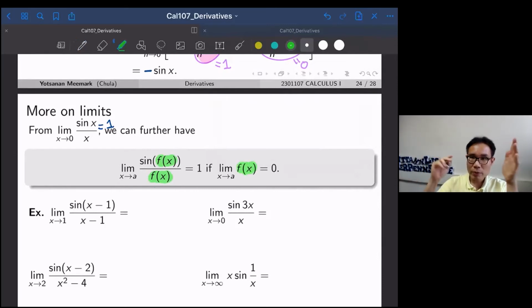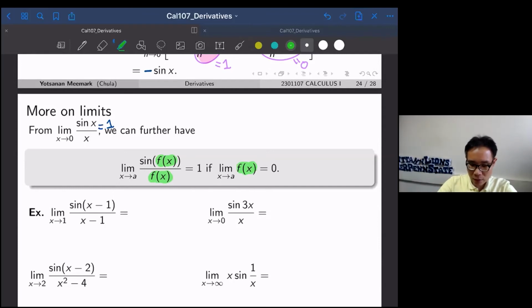Okay, so if you have sine of the term over the same term on the bottom, and that term has limit going to 0, the limit of sine f(x) over f(x) turns out to be equal to 1.